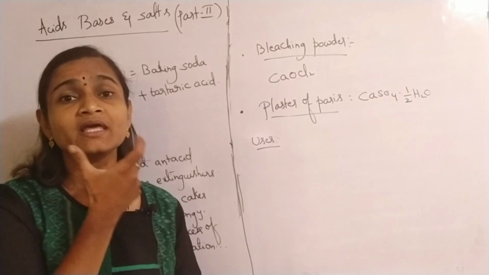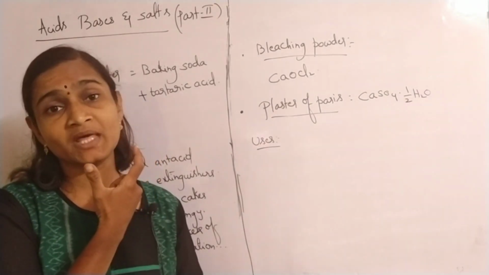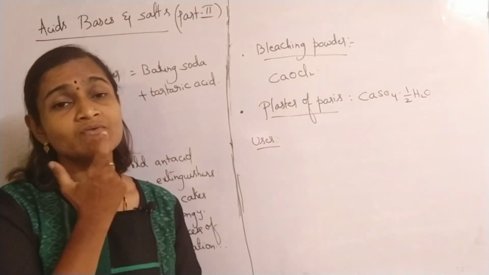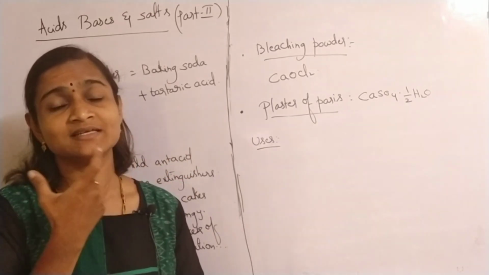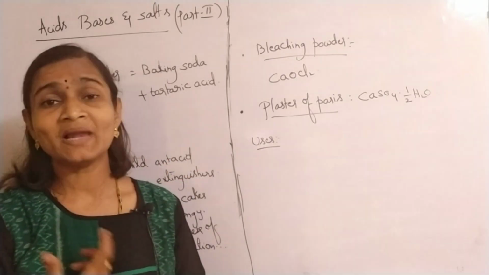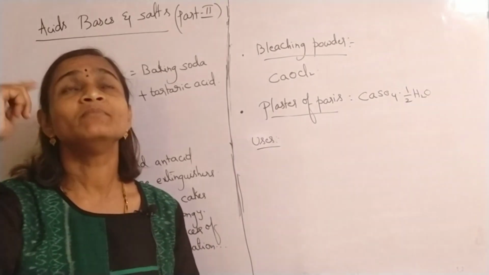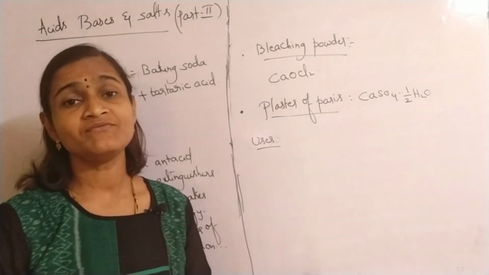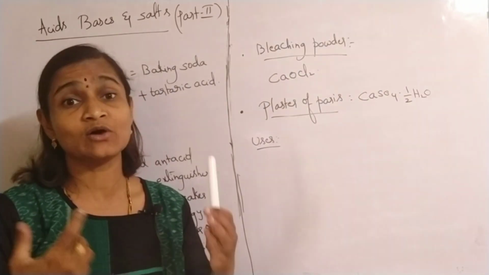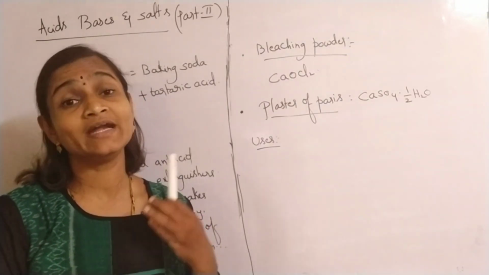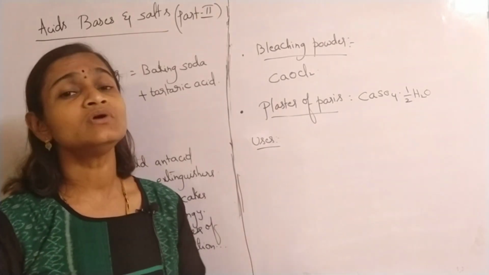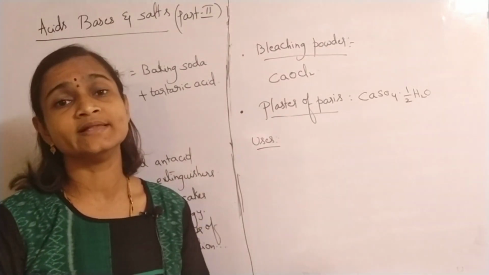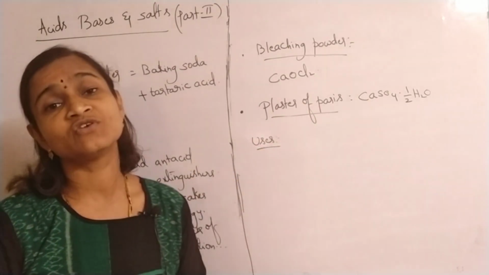For making artificial teeth, we use what? Molds of plaster of Paris. Dentists will use molds of plaster of Paris. And for making false ceiling, nowadays decorative interior decorations and all are happening, isn't it? So in order to have interior decorations, we use plaster of Paris.